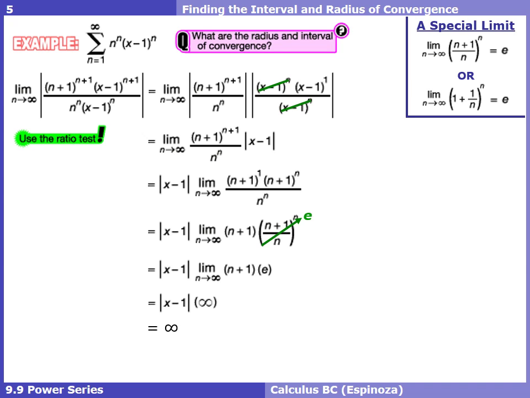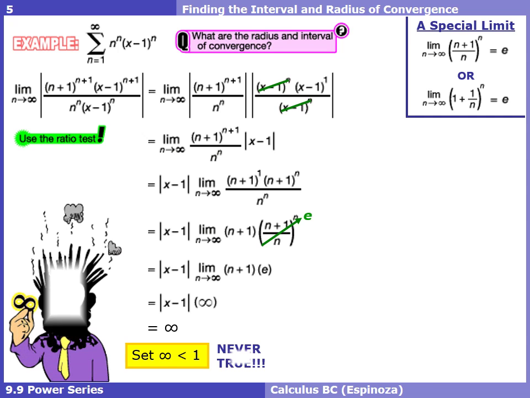So that's the result of our ratio test. If we want to check for convergence, our result has to, of course, be less than 1. And as we all can appreciate very easily, infinity is certainly not less than 1. It's absolutely never true. You can't play with infinity that way, as this little cartoon character just discovered.